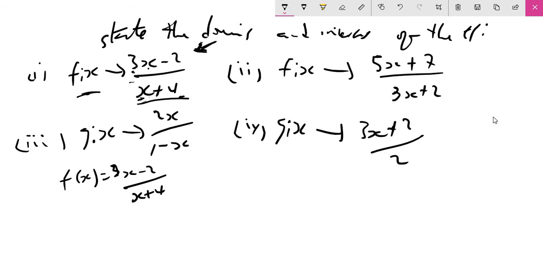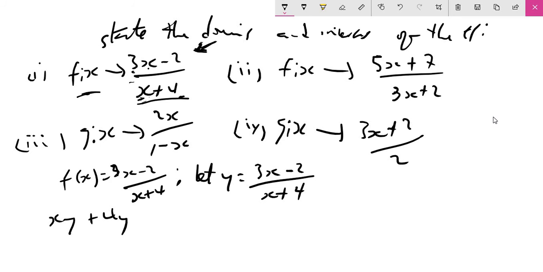So let y be the value that you get when you put x into the function, which is (3x minus 2) divided by (x plus 4). Now we make x the subject from this. So we have xy plus 4y, cross multiplying, must be equal to 3x minus 2.